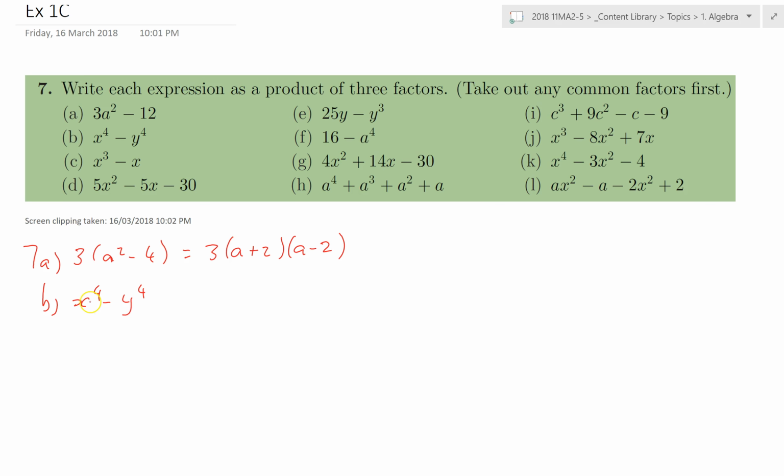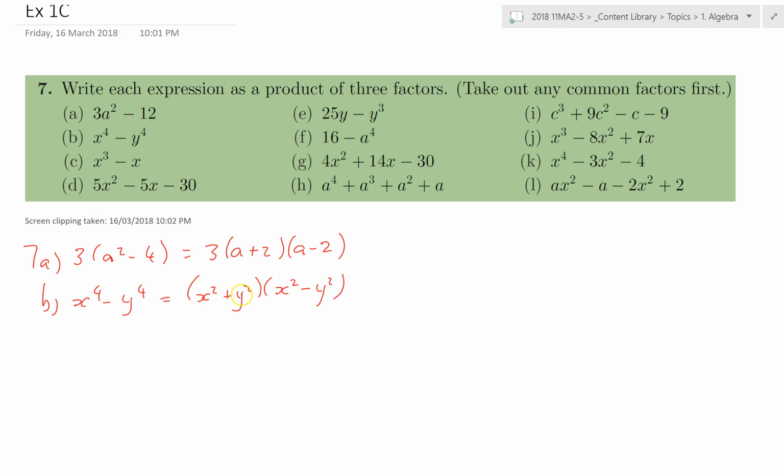But I could think of that as x squared plus y squared, x squared minus y squared. So we say that a is x squared and b is y squared, because if I square this, x squared squared is x to the 4, y squared squared is y to the 4. Okay, so I can do that.